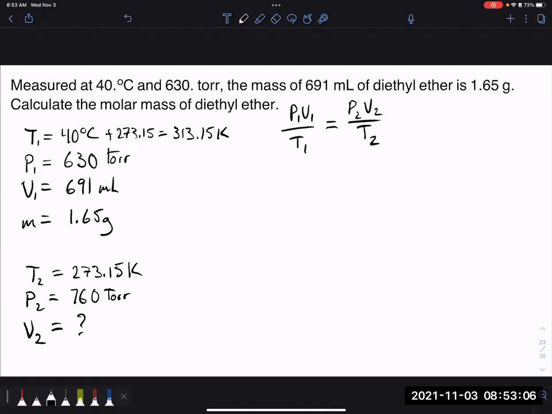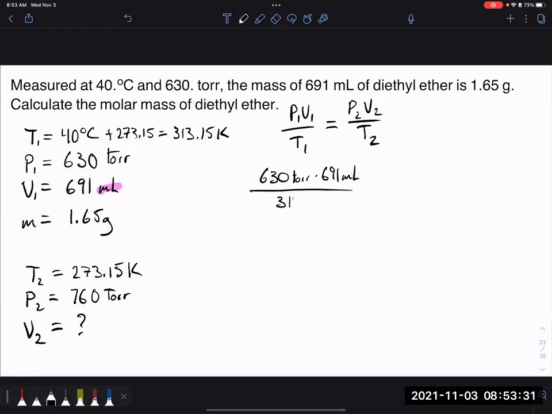To get back to this though, let's convert this into STP. So we're just going to plug in our pressure. And I'm sure while I was ranting, some people were already working on that. We're going to have 691 mL, which I'll highlight because it's important to remember that it's in milliliters and not liters. We can convert it now or we can convert it later. We'll convert it later.